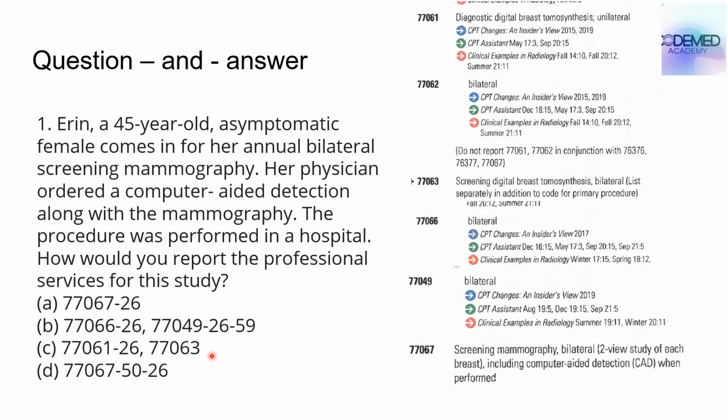77061 and 063, it is about the breast tomosynthesis, which is 3D imaging. 67 is for the bilateral screening mammography, and 66 and 61 are the diagnostic. One is a diagnostic tomosynthesis. So go through all this and tell.